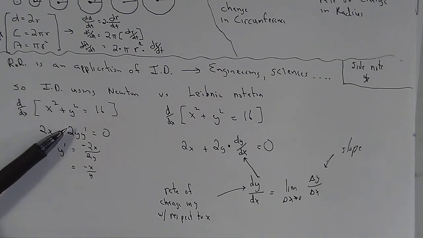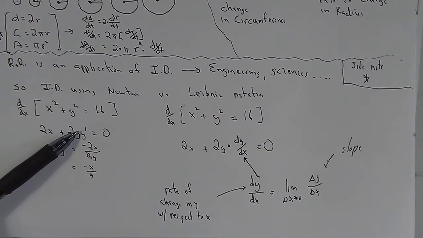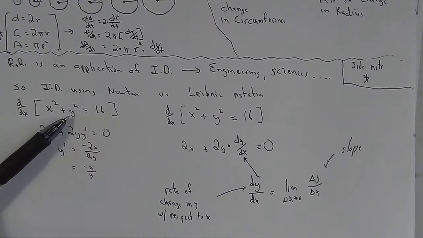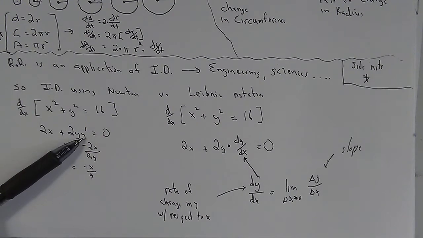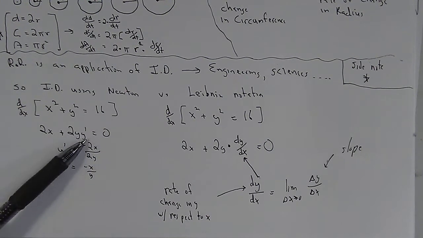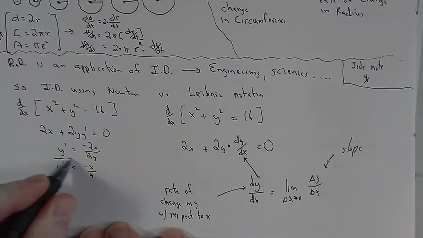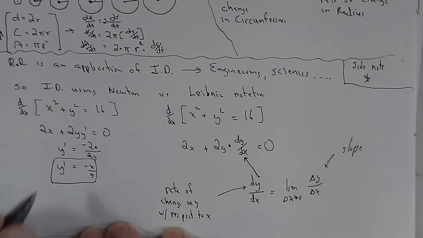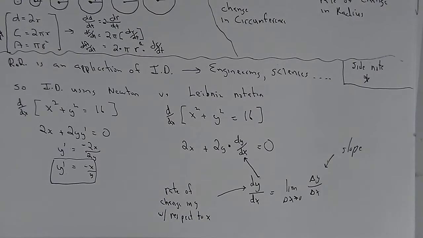So 2 times the number in front, leave the base alone, reduce the power by 1, and take the derivative of the base function. The derivative of y, Newton calls y prime. And then the derivative of 16 is 0. Solve for y prime. Get y prime equals negative x over y.